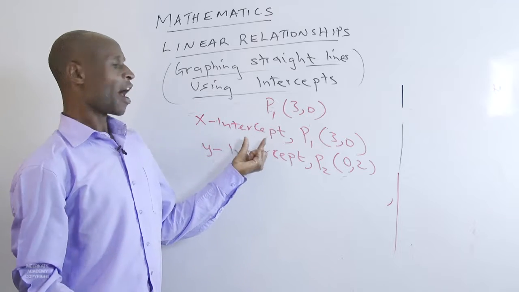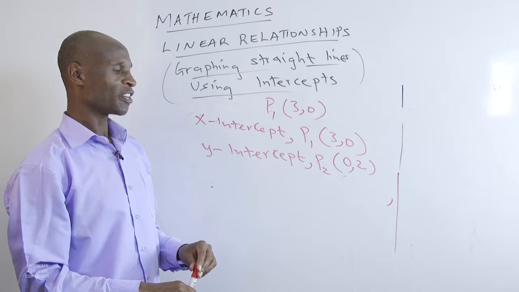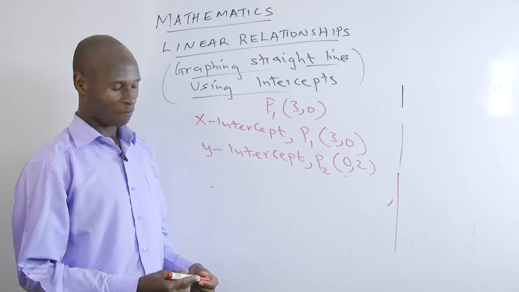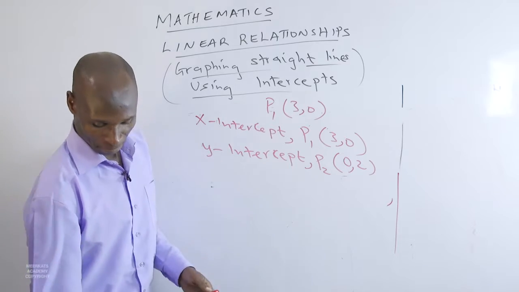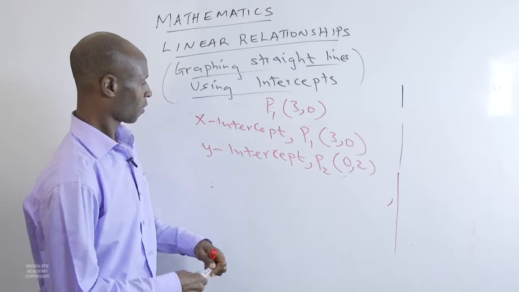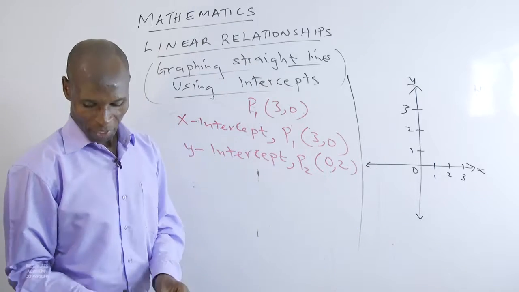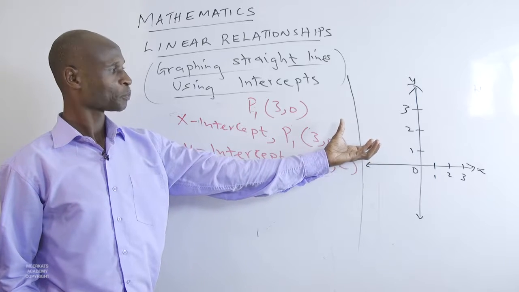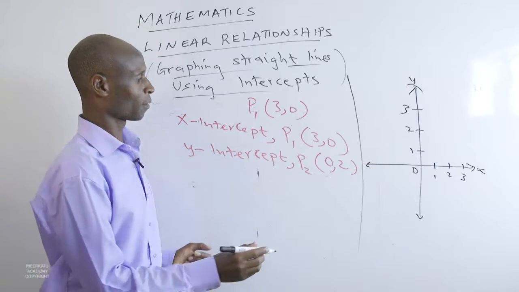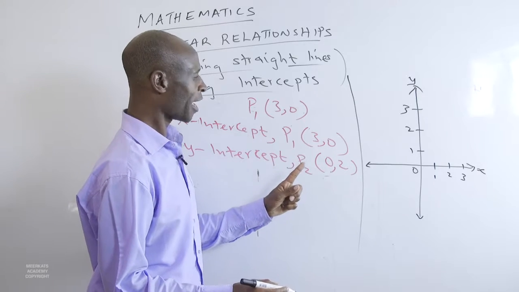Now, once we have our x-intercept and y-intercept, we proceed and draw the graph. But here, we only need a sketch of it, which is enough. So we represent the 2 points on a Cartesian plane. The first point is 3, 0, which is the x-intercept.